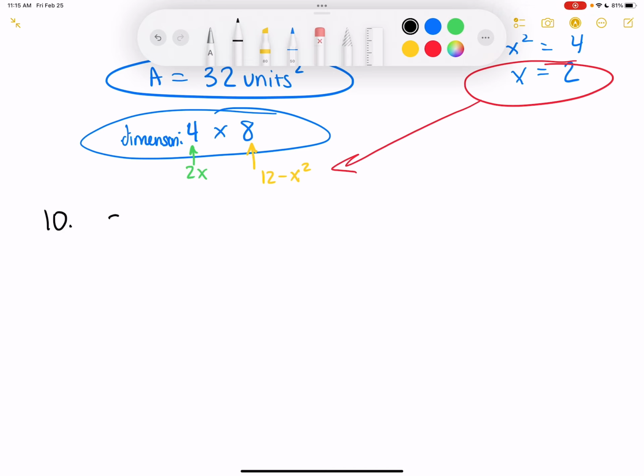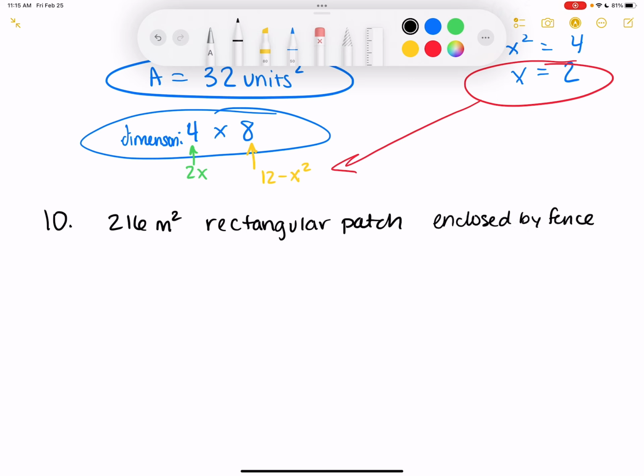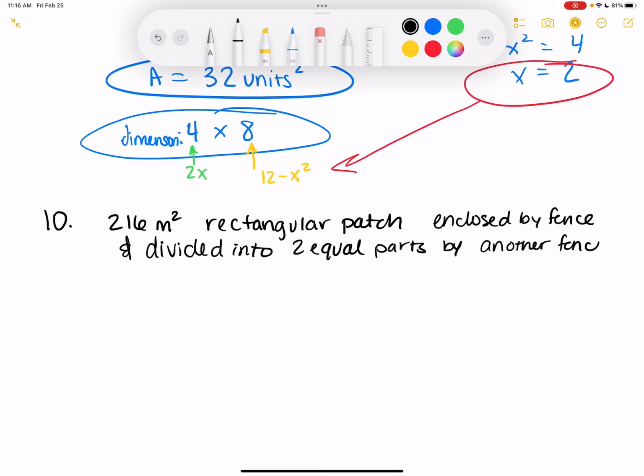So 216 meter squared, rectangular patch, is to be enclosed by a fence and divided into 2 equal parts by another fence parallel to one of its sides.